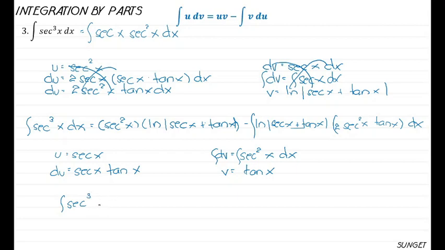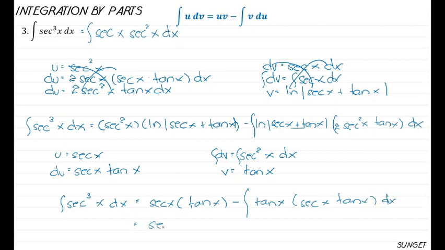So our integral of secant cube x dx, by integration by parts, is u times v, so secant x times tangent x, minus integral of v du, so tangent x times secant x tangent x dx. So simplify.